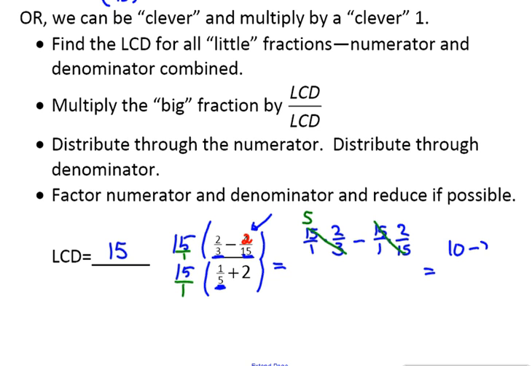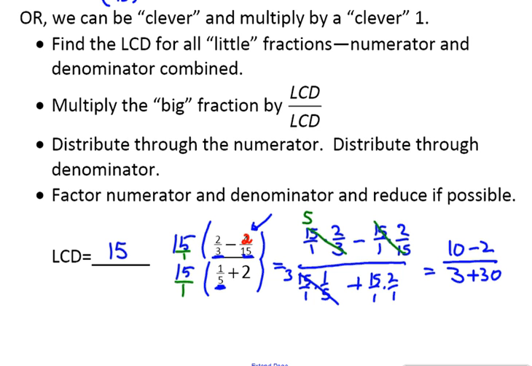So minus 2. All over my denominator, distribute 15 over 1 times 1/5, and that's going to give me 3, plus 15 over 1 times 2 over 1, which is 30 over 1, which is 30. So plus 30. So 10 minus 2 is 8. 3 plus 30 is 33. And voila, there is my new simplified fraction. Again, 8 over 33.